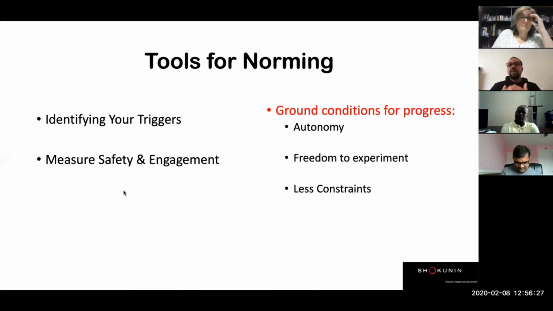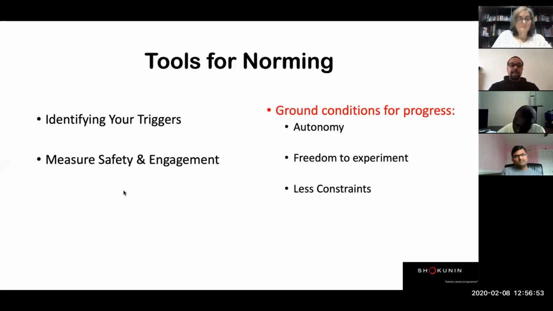So the trick is being able to shorten the length of time that you stay in this triggered state, if you will. And the sadness is that people can stay in those triggered states for, well, their whole lives, sadly. So here's the tool that you can use in order to figure out what your triggers or what the team's triggers are and how you can start to mitigate that.